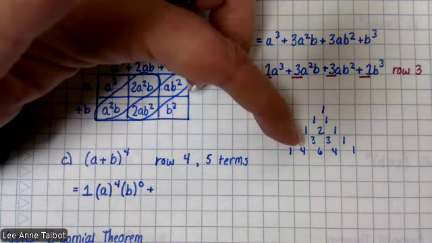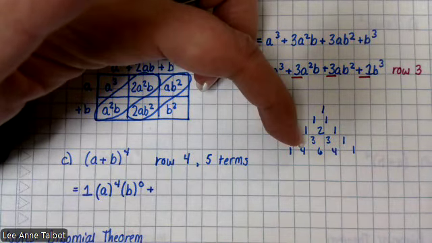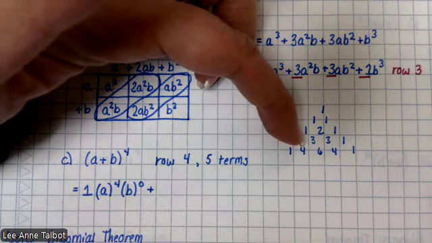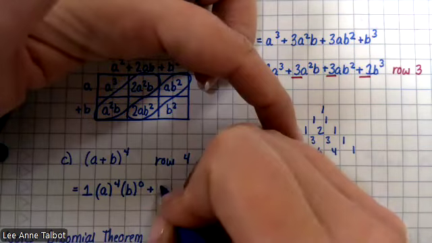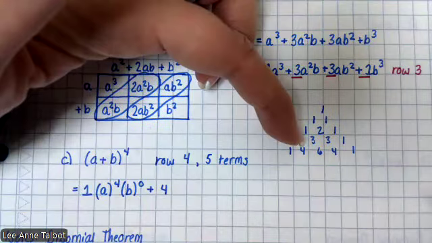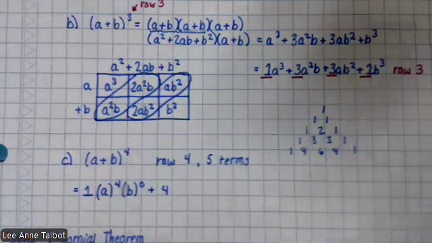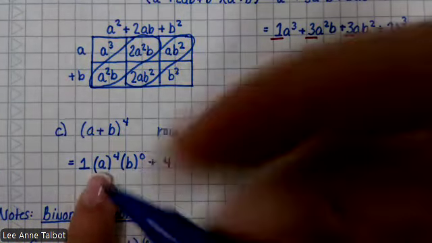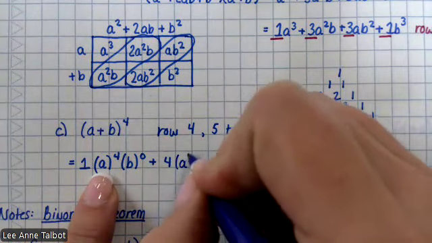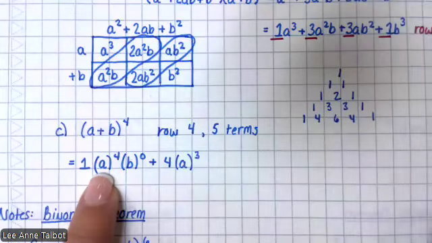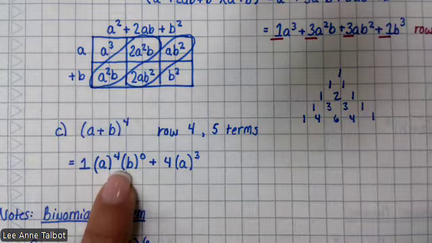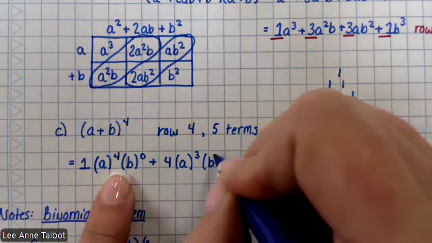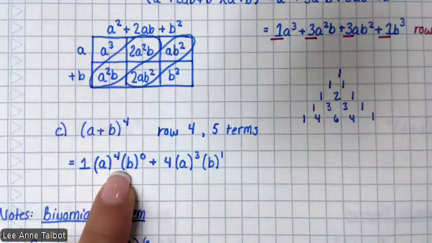Okay, now I go to the next number in the row. The next number is 4. Pay very close attention because if I'm going to lose you, it's going to be right here. You take the front seat and you go down a power. And you take the back seat and go up a power.